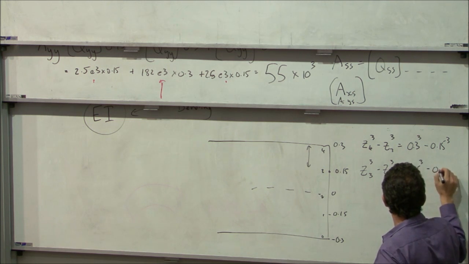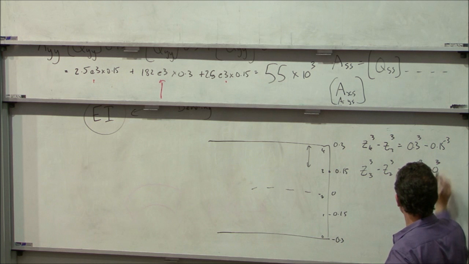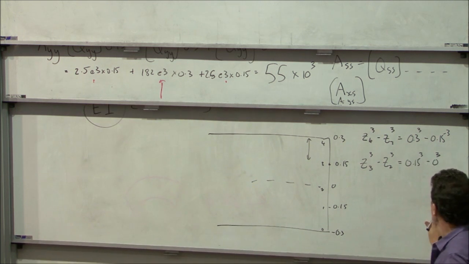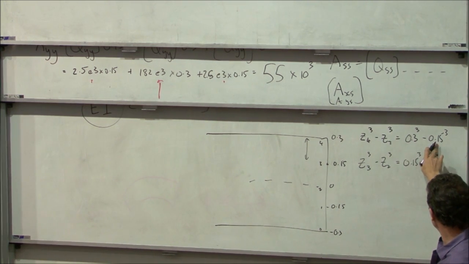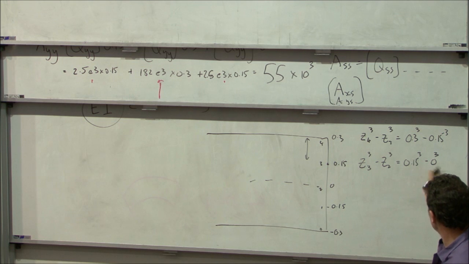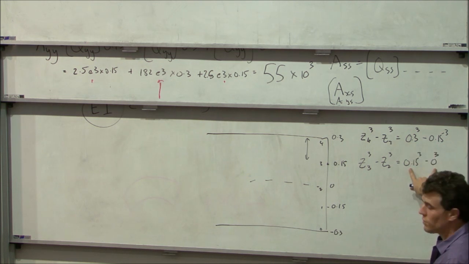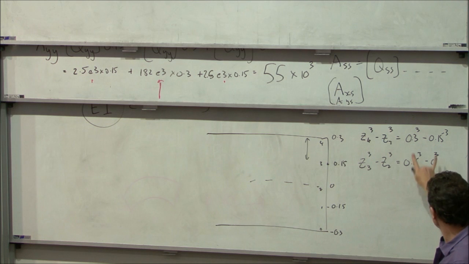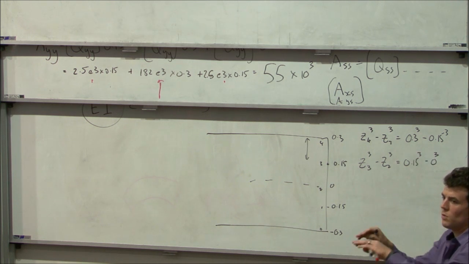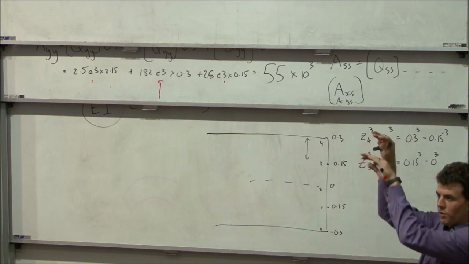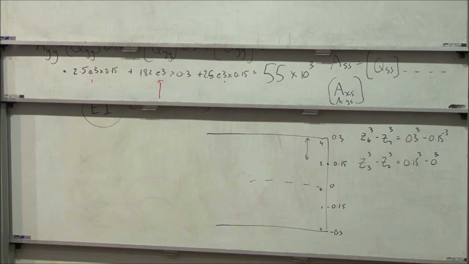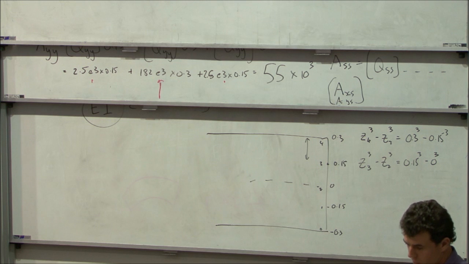So I want you to calculate those two terms: 0.3 cubed minus 0.15 cubed, or 0.15 cubed minus 0. And you'll see that this term is actually significantly bigger than this one. Even though the gap between the two numbers is the same, because we're cubing it, we're amplifying the magnitude the further we are away from the neutral axis.